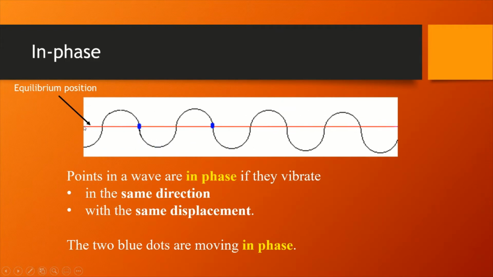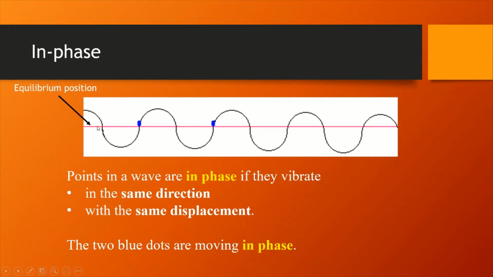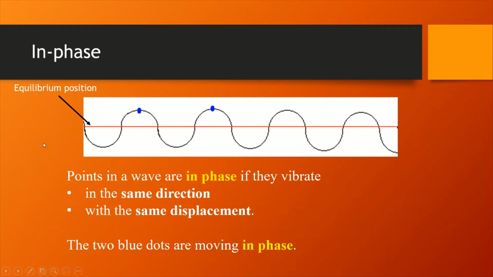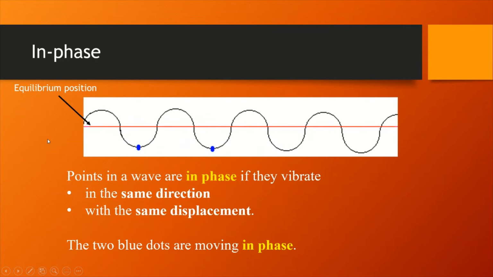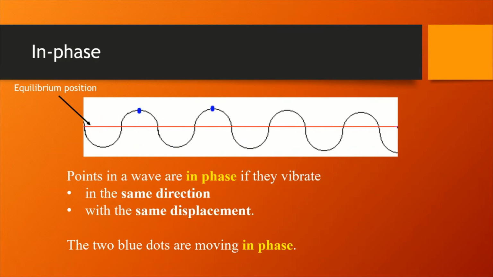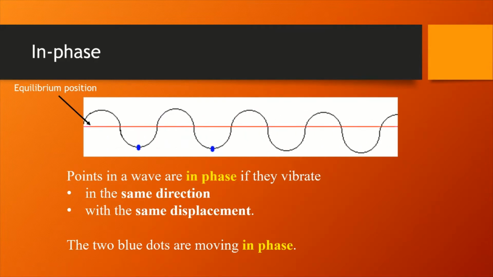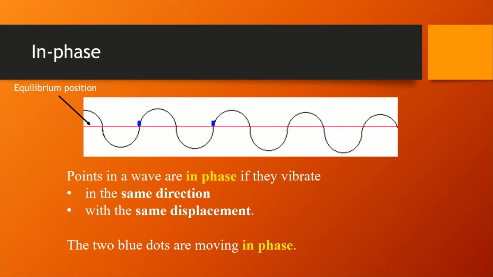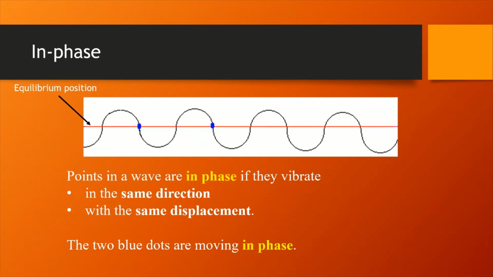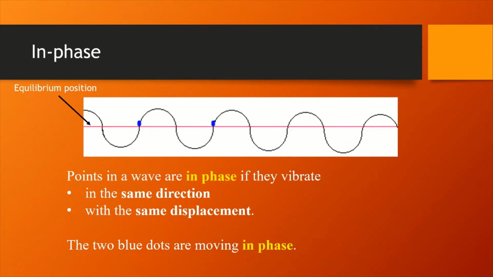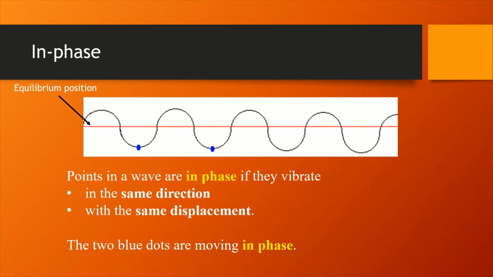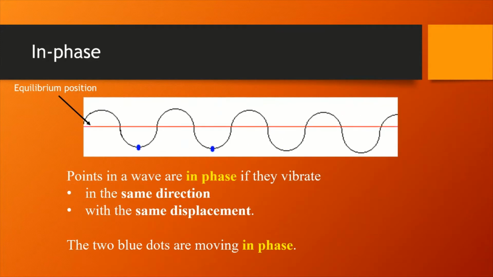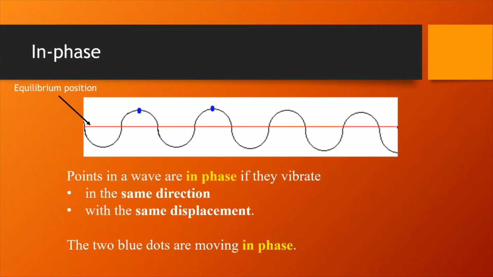Here, this red line shows the equilibrium position. Now, let's take a look at these two blue dots. What can you say about them? Let's look at their movement. Do you think they are moving in the same direction? Yes, if one moves up, the other moves up as well. And not only that, both of them have the same displacement from the equilibrium position.